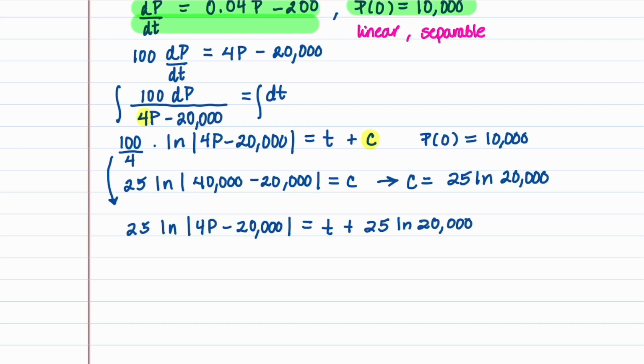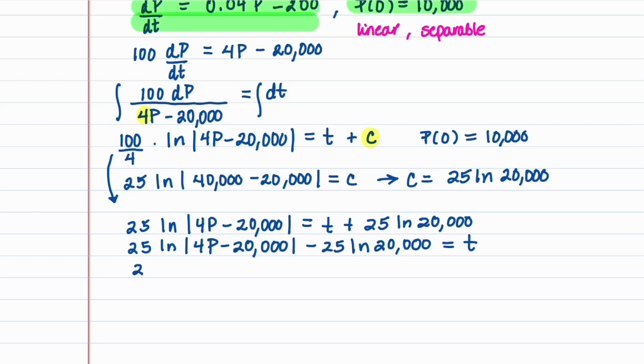Let's now combine our natural logs. So I'm going to pull the one on the right over to the left. And we just have a t on the right. On the left, we have 25 natural log 4p minus 20,000, all divided by 20,000, is equal to t.